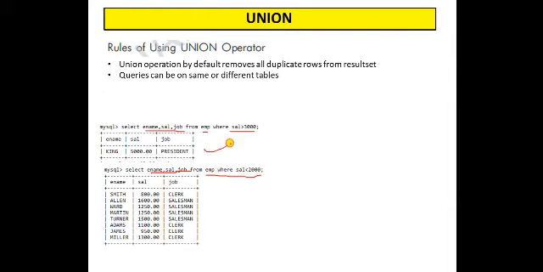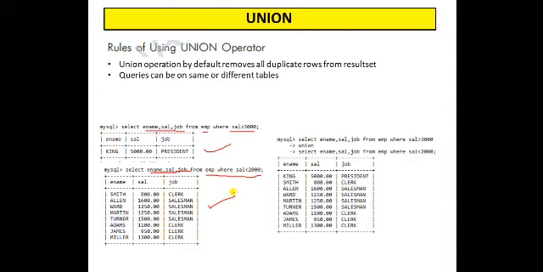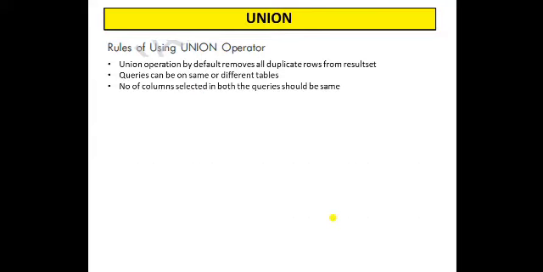This query is there, this result is coming. When this query is there, this. And when you apply the union operation, both the results are combined and you get this result set. Hope it is clear to you. Both these queries are applicable on the emp table, if you see it carefully. I hope it is clear.